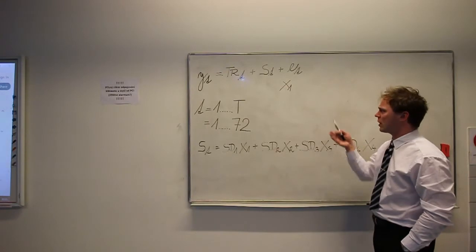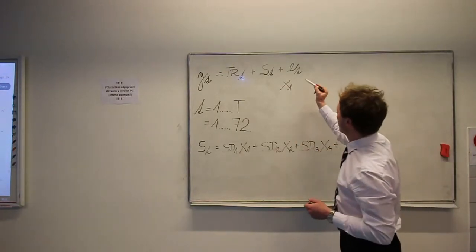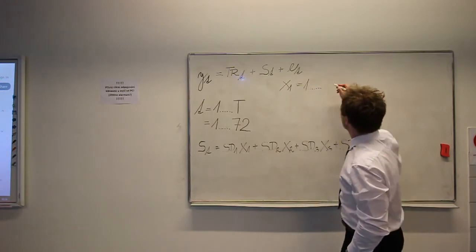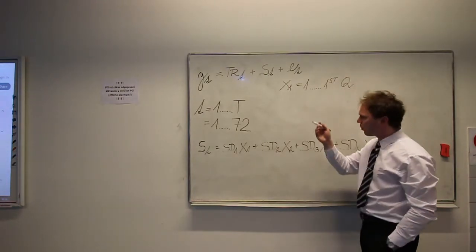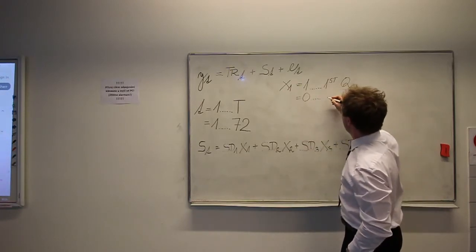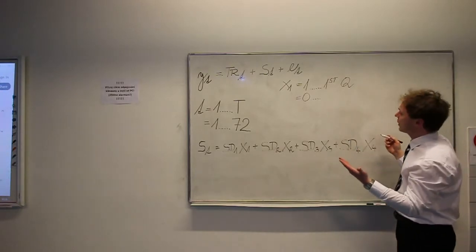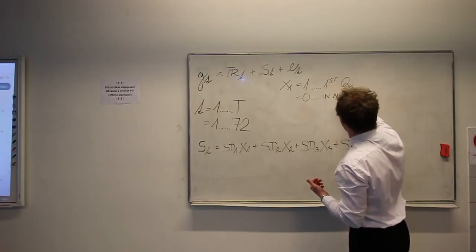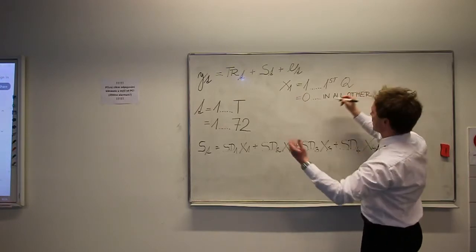So you can imagine this variable like a binary variable. x1 is equal to 1 in the situation that we have the first quarter of the particular year, and is equal to 0 in all other cases.